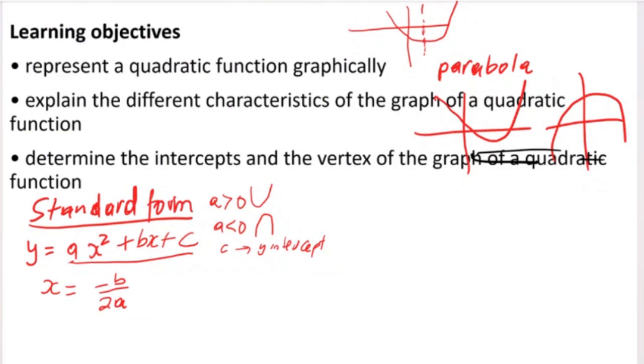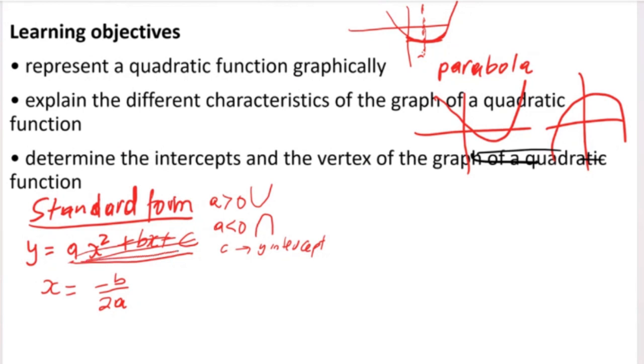The axis of symmetry gives you the x coordinate of your turning point, where your graph is turning. That x coordinate can be substituted back into your original equation so then you can get the y coordinate, and so get the point of your turning point. This is the formula for your axis of symmetry that is suggested by this form.